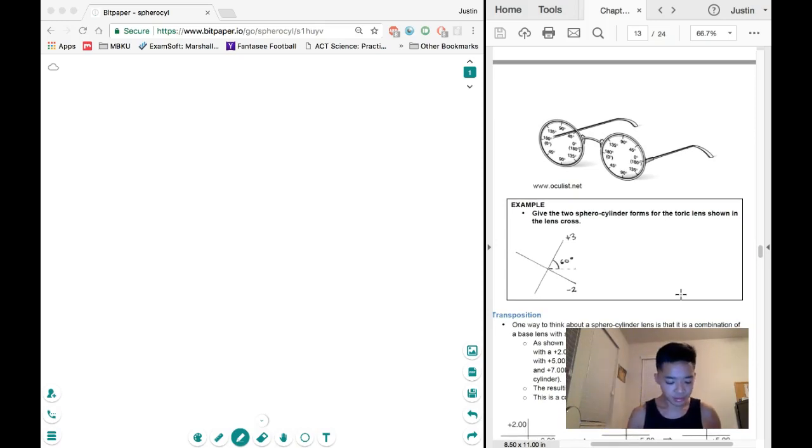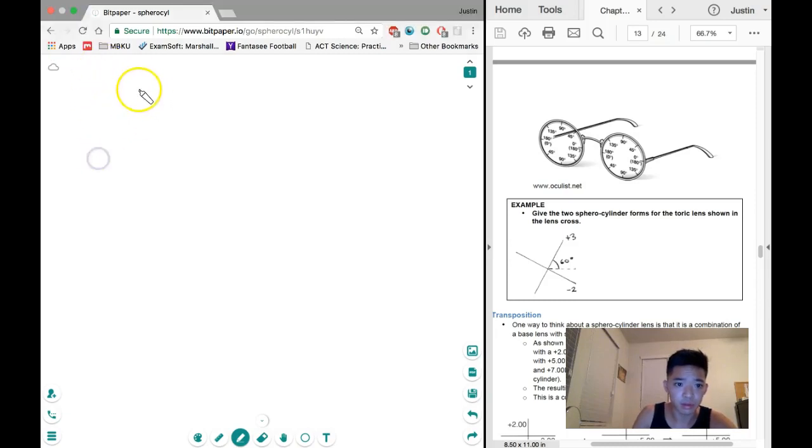So here it says give the two spherocylinder forms for the toric lenses shown in the lens cross. Alright, so let's see. I'm just going to redraw this.